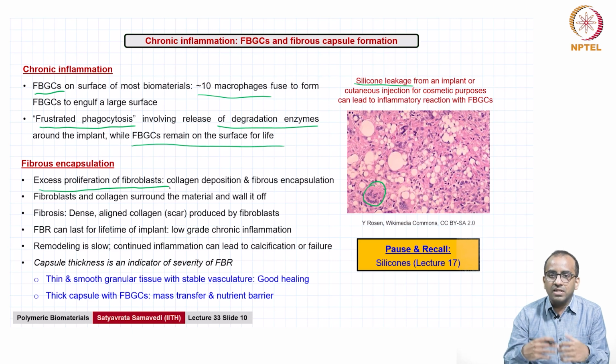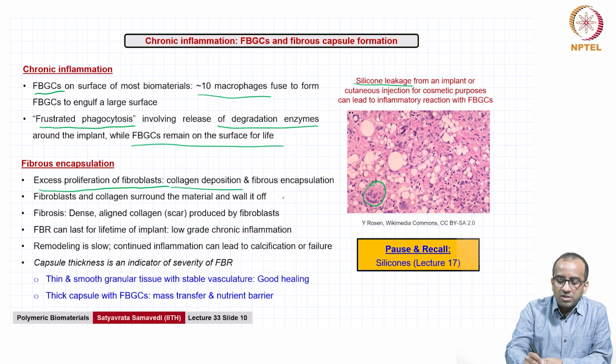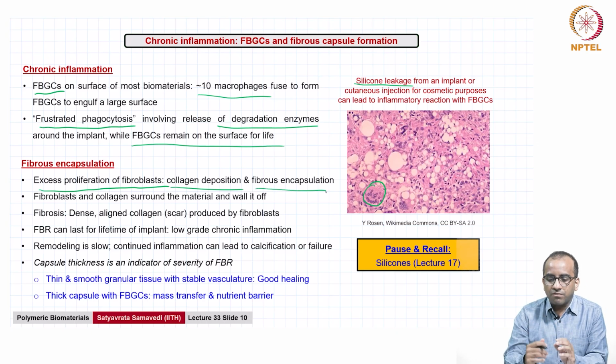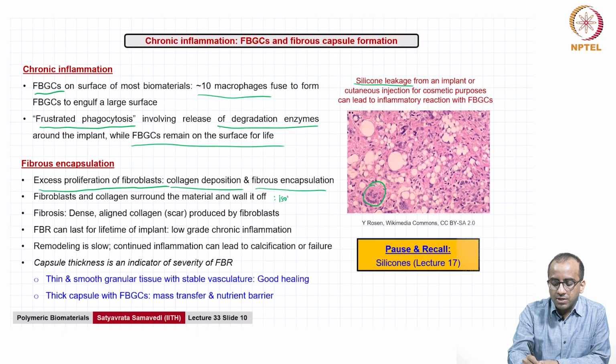In this case, this leads to excessive proliferation of fibroblasts, leading to a lot of collagen deposition and thick collagen deposition and fibrous encapsulation. Essentially, the fibroblasts and collagen surround the material, cutting off blood supply, etc., and isolating or walling off the implant. So this leads to isolation.